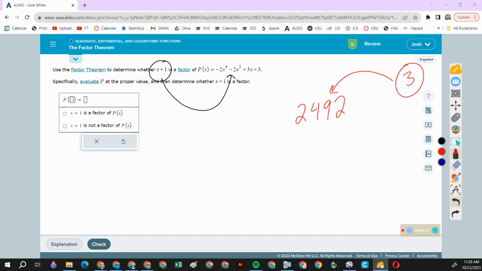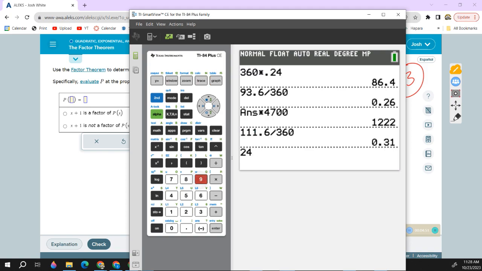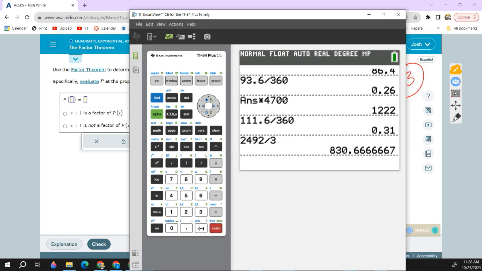Divide. All right, so 2,492 divided by 3. Is it a factor? No, why not? It didn't go in evenly, right? If I did long division, how would I tell if it went in evenly? If it didn't have a remainder.